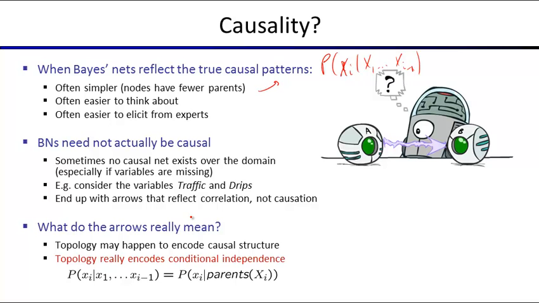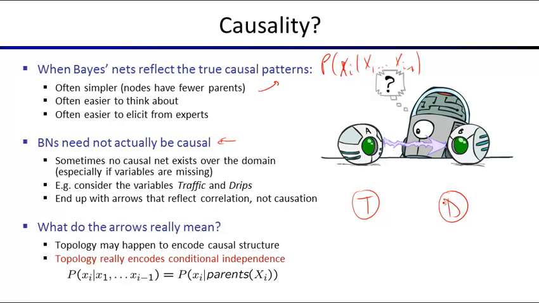They don't need to be causal. And sometimes there is not even a causal direction to it. What if you just had two variables, traffic and dripping? Because you got rid of the rain variable, which caused both of them, you now have no way to choose a causality direction here. And so you'll just arbitrarily pick an ordering.